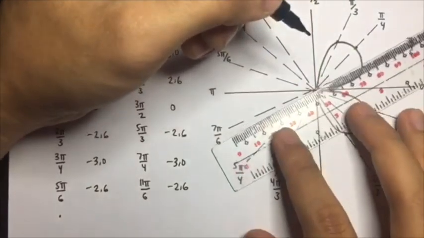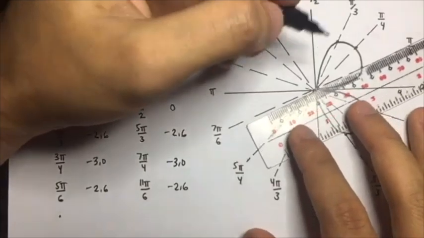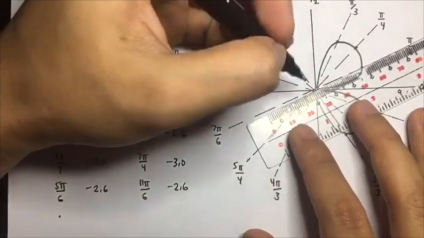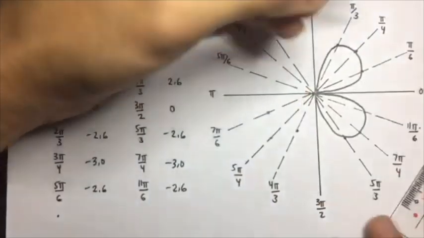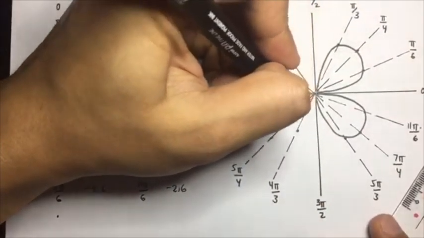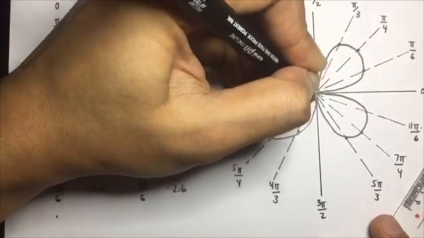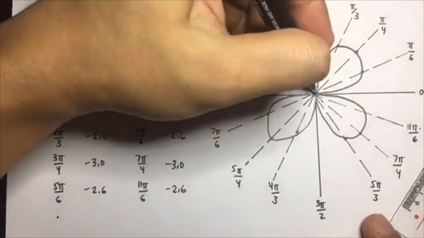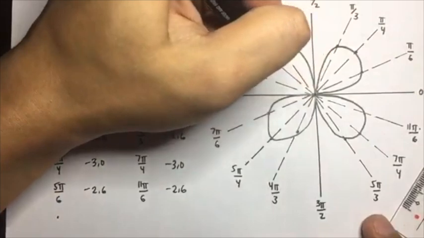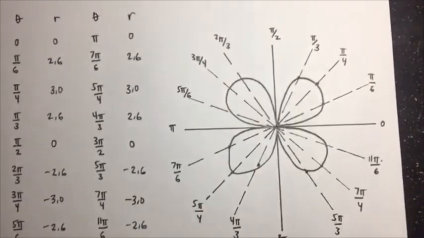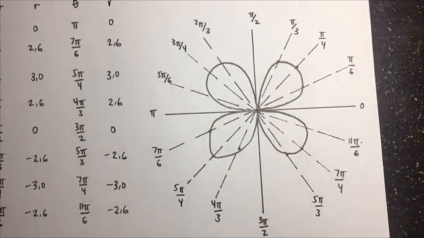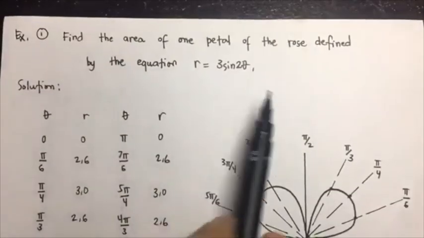So we have positive 2.6. Let's say it's here, and then the other one is here, so it will look like that. And the last one probably looks like this. Okay, so this is a rose.